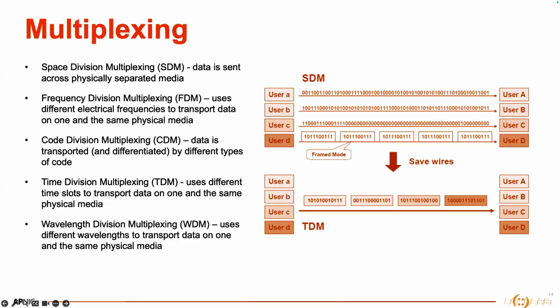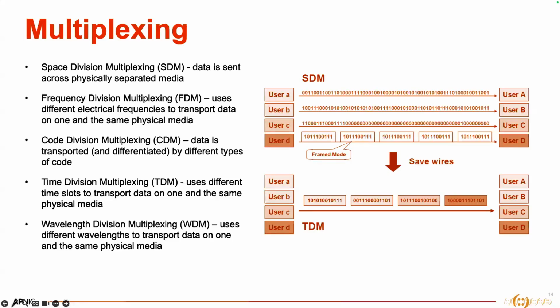So when we talk about multiplexing, the opposite process we call demultiplexing. In multiplexing, what are we doing? We are trying to send data from a number of different sources over one single fiber within one signal, right?